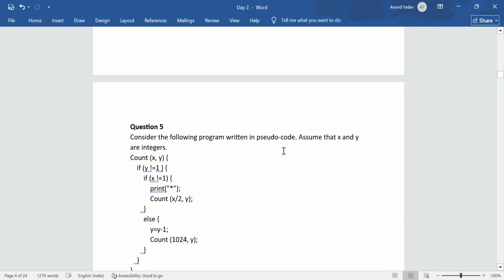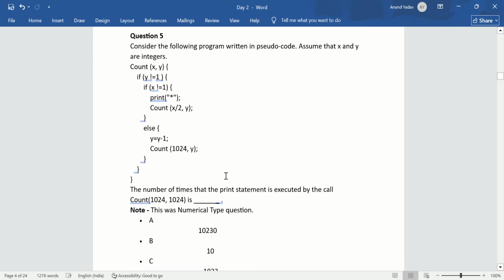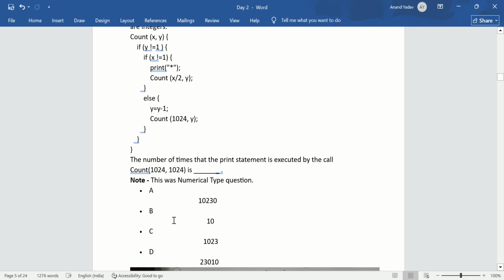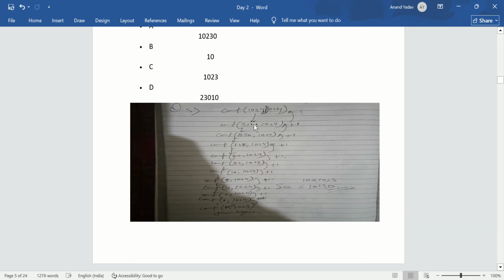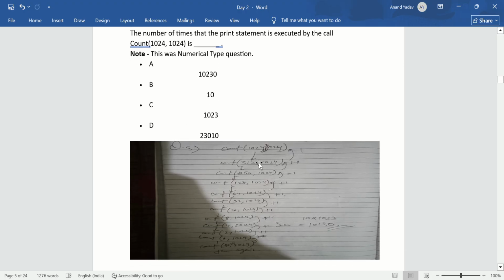Consider the following program written in pseudocode. Assume that x and y are integers. Then the number of times the print is executed. I will solve this question in this way. Here the count is 1024.